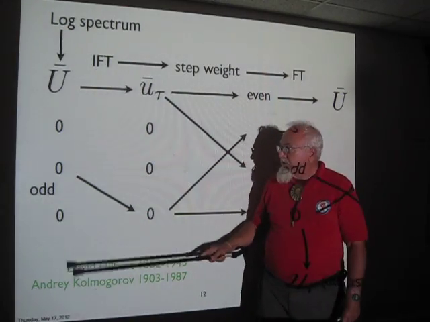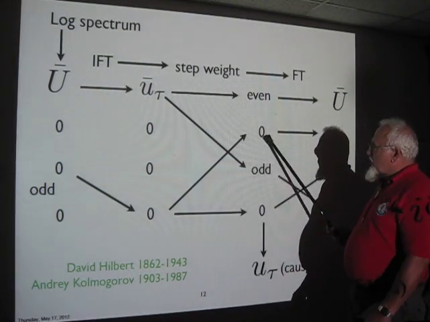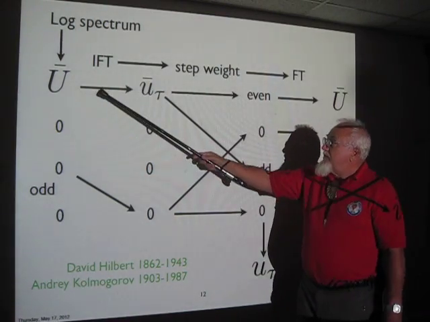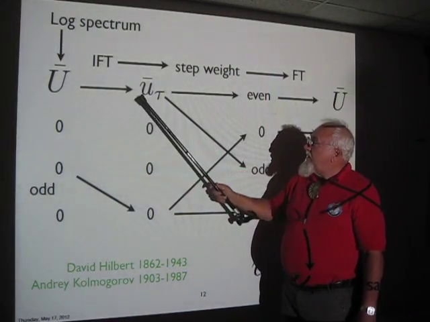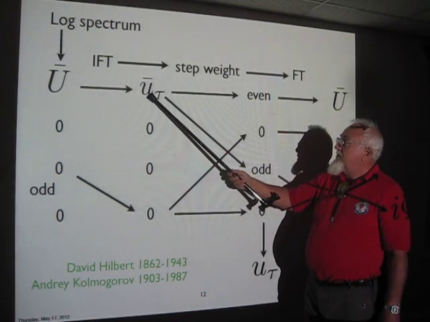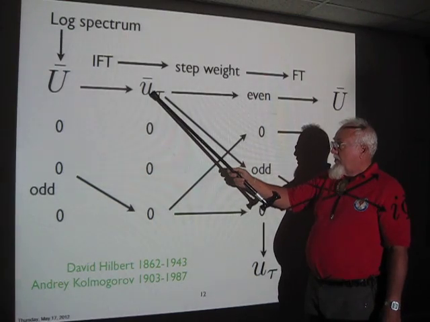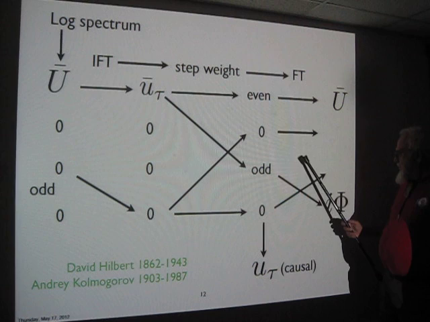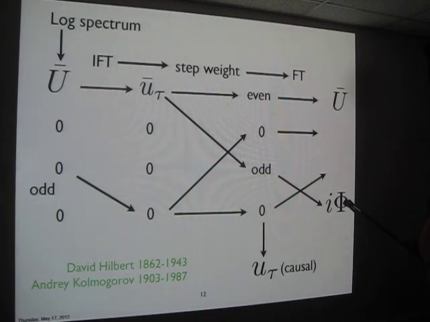So you can see where that would go if you had it, but let's just follow a real signal coming through here. It's an even function of omega, and here we are with U bar. It's a symmetrical function of lag, similar to an autocorrelation function. It's even. And this process brings us to a phase function.